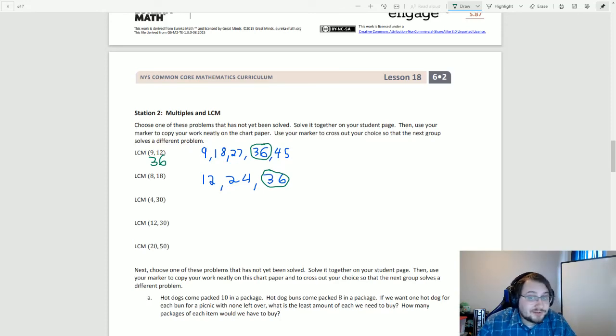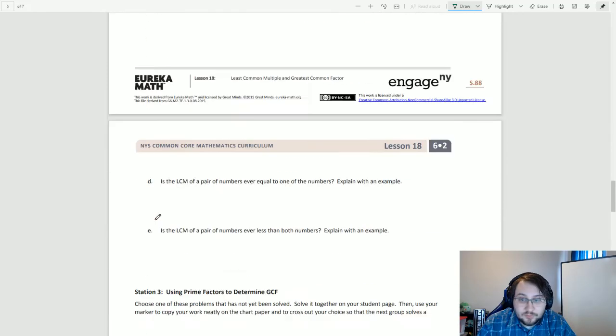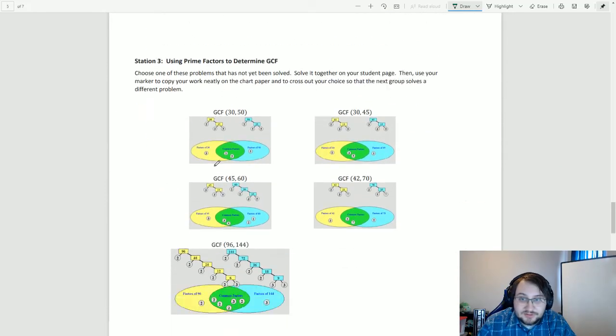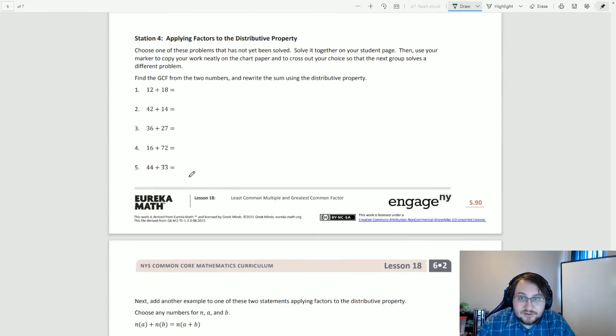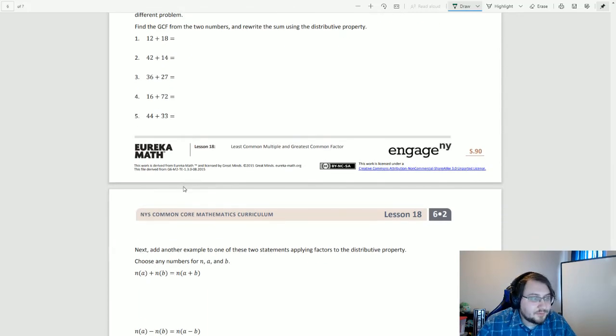What I want us to do today, I know that there is more for us to do, such as this Station 3 and then this Station 4. We'll work on those tomorrow.